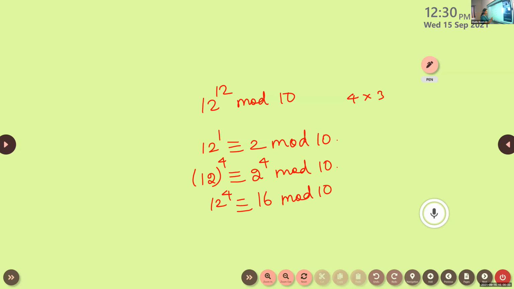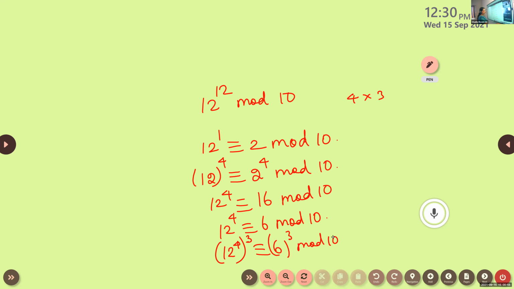What is 16 mod 10? If you divide 16 with 10, it will be 6. 6 mod 10. We want 12 raised to 12. So what you can do? We can take cube, isn't it? Cube is congruent to 6 cube mod 10.